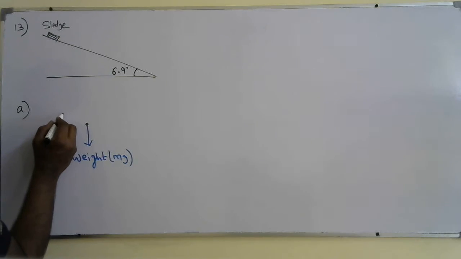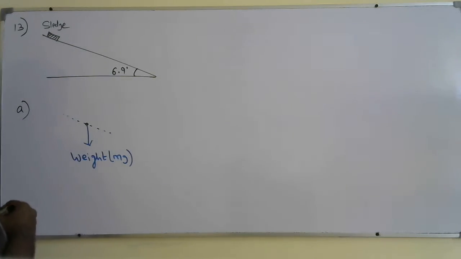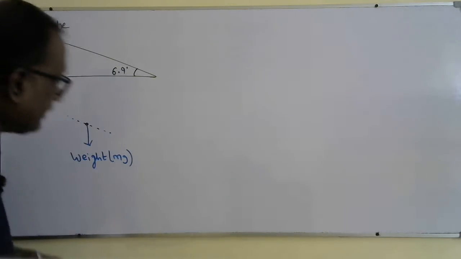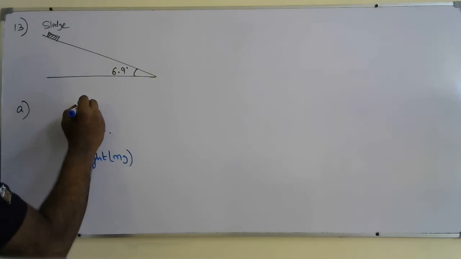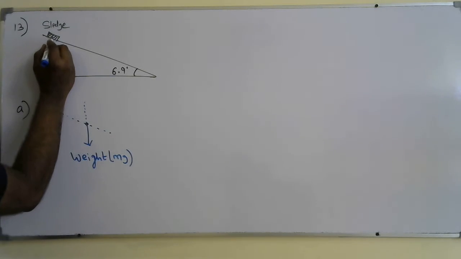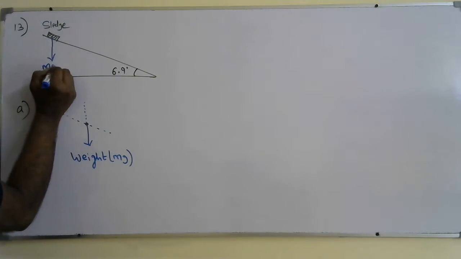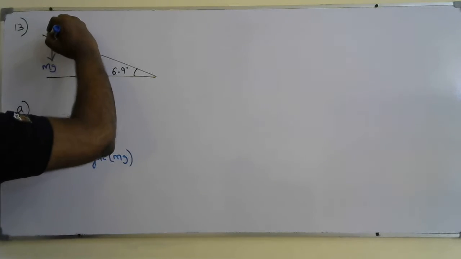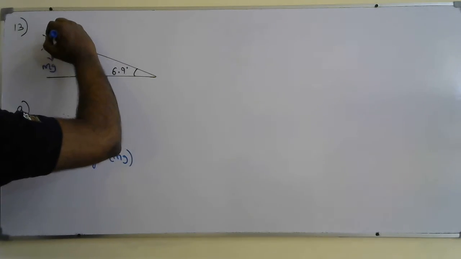If I consider the slope something like this, the normal reaction could be perpendicular, and how much will the angle be, the angle of the normal reaction with the vertical? The weight is acting this way, mg. The normal reaction will be in this direction, perpendicular to the slope.